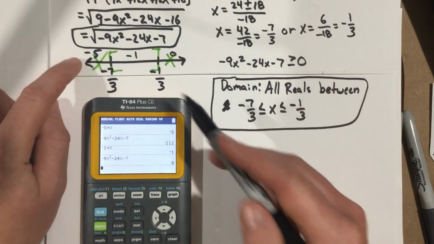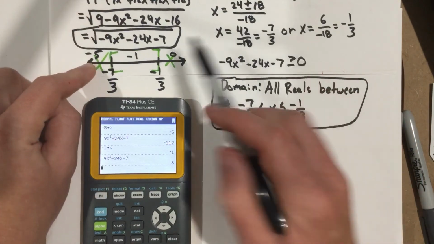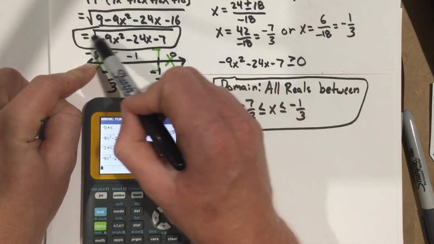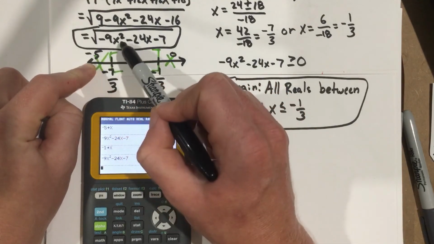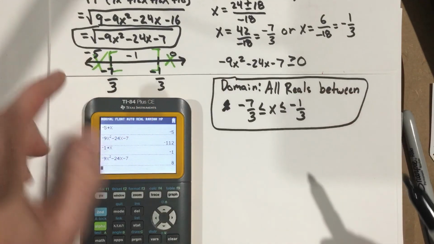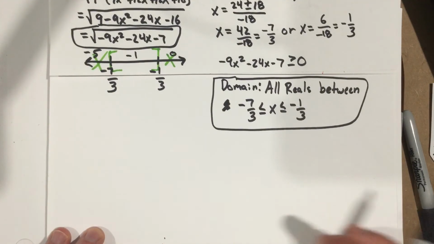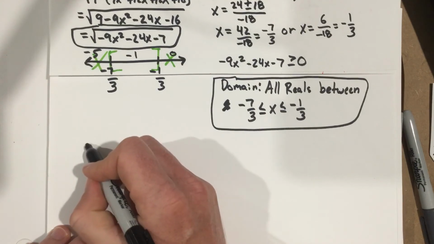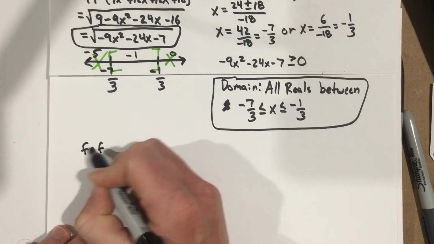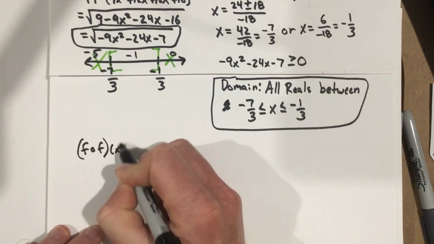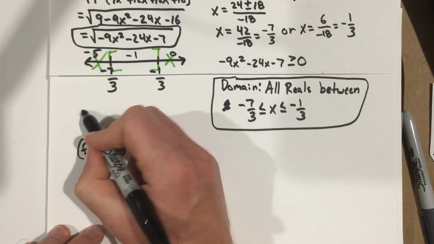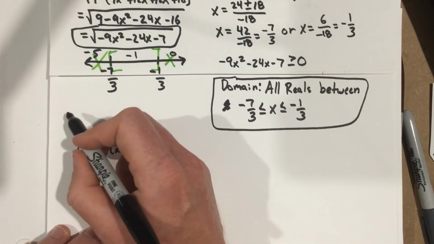If you look from earlier, this was our expression that we got. So now all we have to do is f of x. So I'm going to go ahead and write f of x here. And I'll write the two functions that we've got. Well, actually, we only need the one.